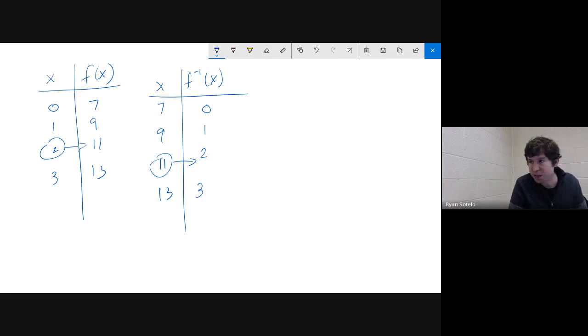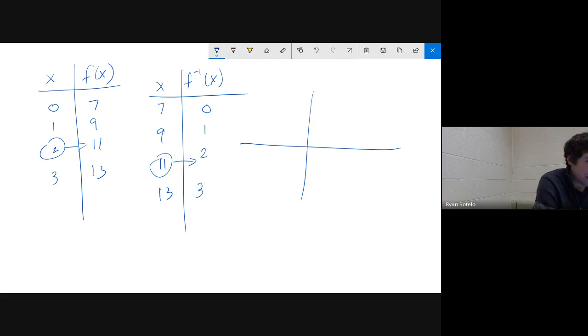If you have an expression, you can swap the x and y positions and then get y by itself again, and that would give you the inverse function of the original. And if you have a graph, whatever your graph is, just find that line, swap the points.